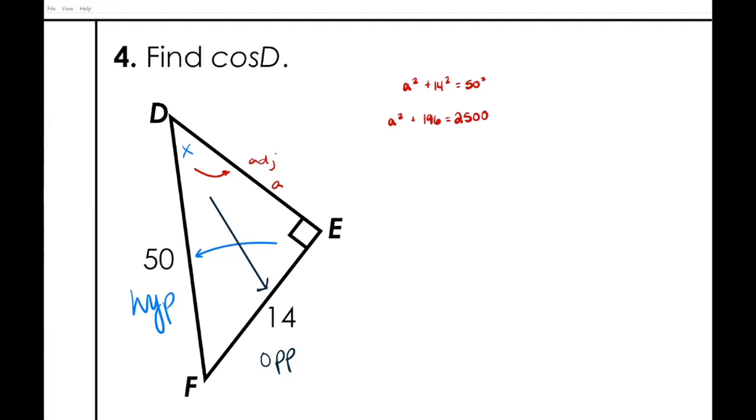I'm pretty sure I know this Pythagorean triple, but let me just verify with math. Okay, A squared is 2304. And then we square root both sides. Yep, just like I thought. So A is 48.